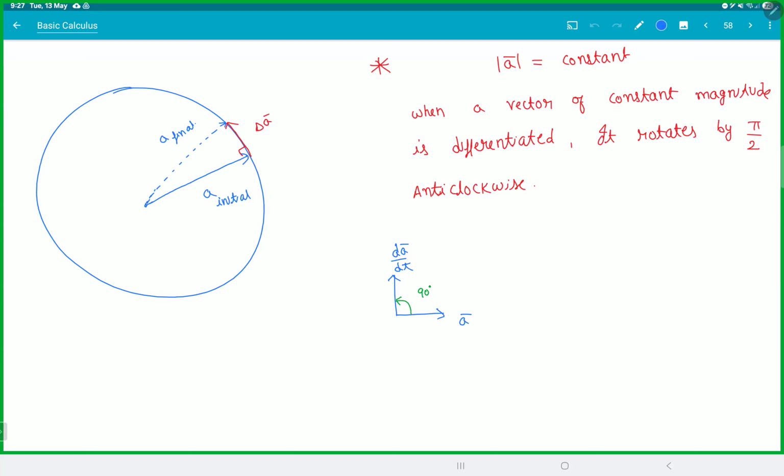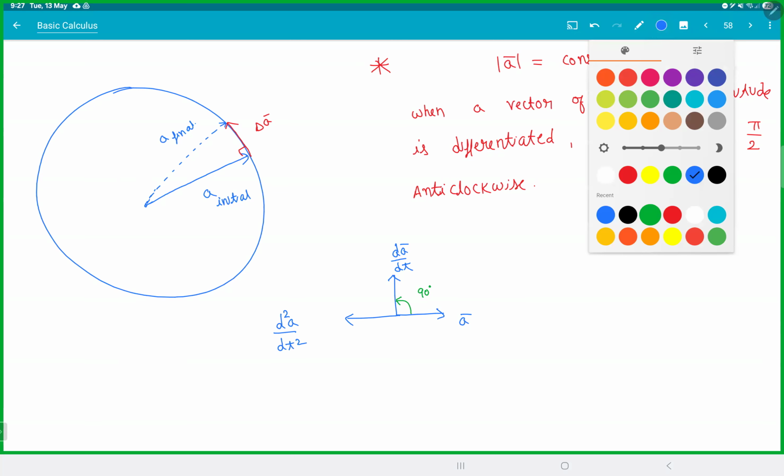Listen to this thing. Every time you differentiate a vector, it rotates by 90 degrees. Let's say if A bar is this way, along the x-axis. If you rotate it once, dA by dt becomes perpendicular. If you differentiate again, d square A by dt square, this vector will again rotate 90 degrees.